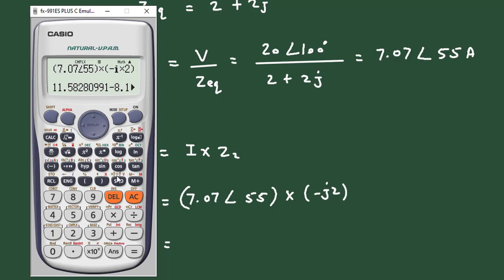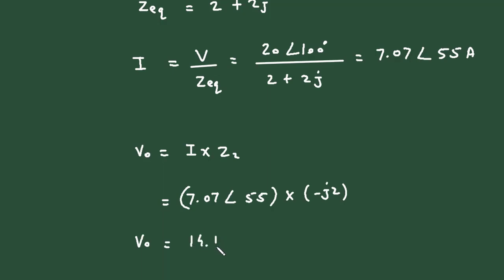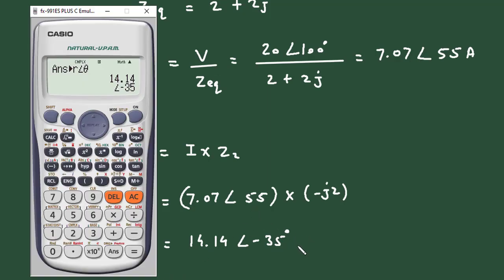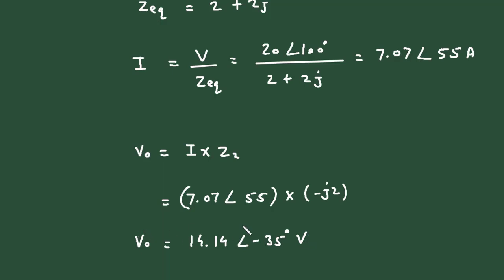So this is the answer in rectangular form. In polar form, it is 14.14 at an angle of minus 35 degrees. And since it is a voltage, its unit will be volts.